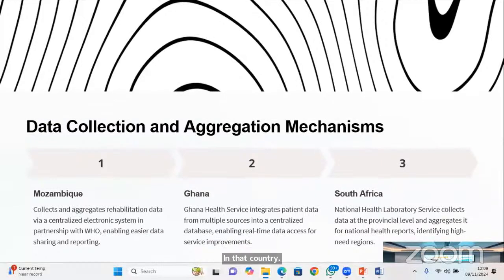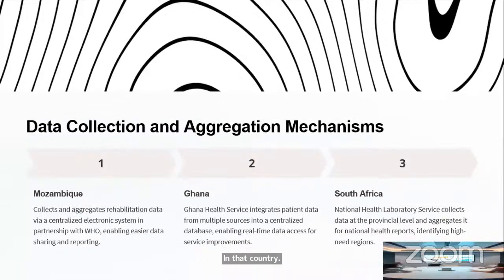Now in Ghana, their health services integrate patient data that is brought from multiple sources into the same centralized database, right? In Mozambique, they call it centralized electronic system. In Ghana, they have it as centralized database, right?